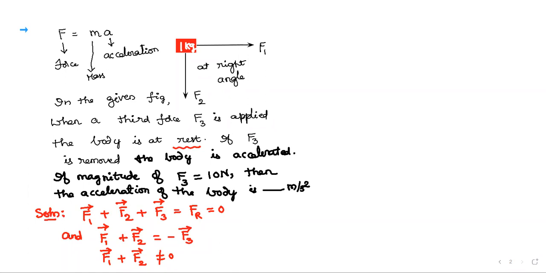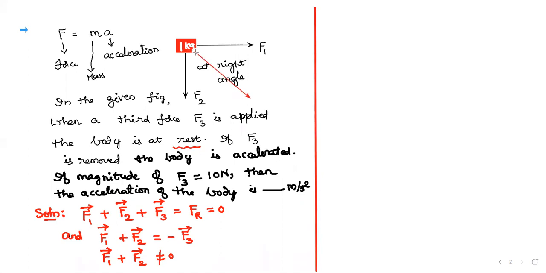Once you check the question, if F3 is removed, two forces are acting, F1 and F2. According to the parallelogram law of vectors, the resultant will come somewhere here.